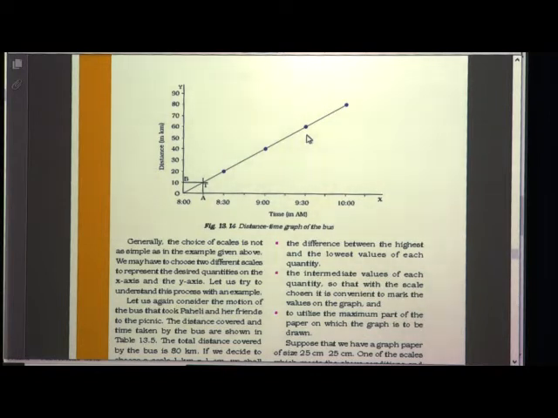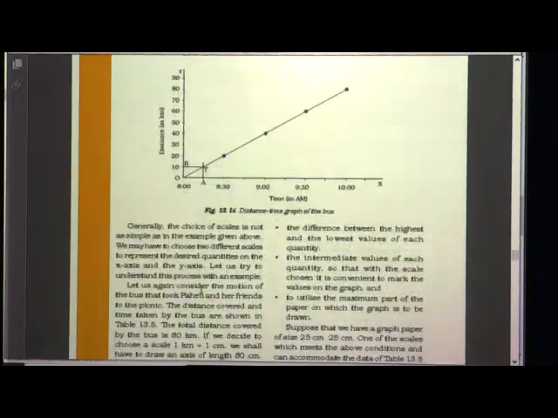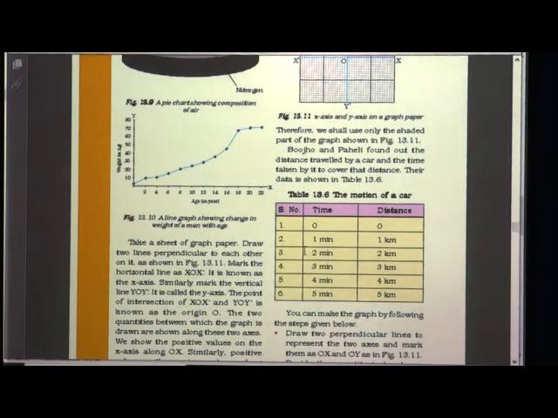I think you will get graph paper easily at your home. Okay. So, it will be possible for you to get graph paper at home, and also you have to take it. So, in your textbook, see in table number 13.5 or we can say 13.6, whatever motion is given, that is a uniform motion, or that speed is constant.